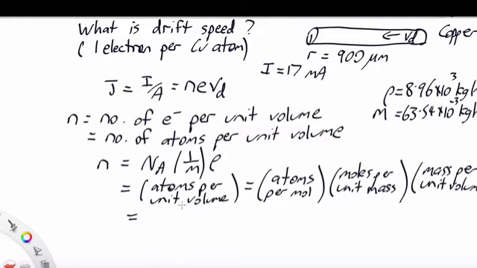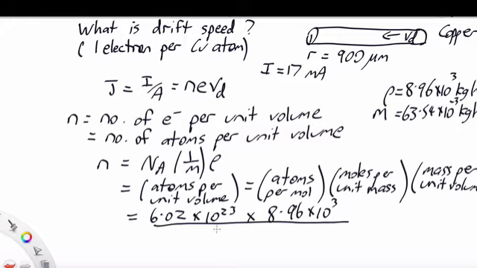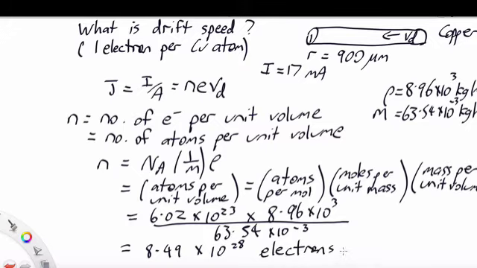So that gives us n is Avogadro's number times the density over the molar mass, and that gives us the large number of 8.49 by 10 to the 28 copper atoms, or really we want to know electrons per metre cubed. So I'll continue with this on the next page.